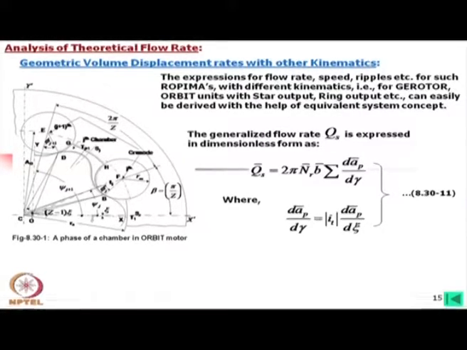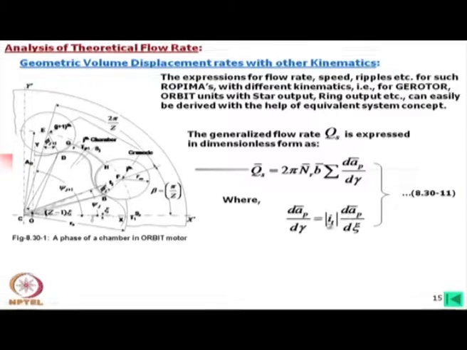So, to use this formula directly, you have to know the transmission ratio in terms of the gearing between the star and ring, which is available in tabulated form in one of the references.